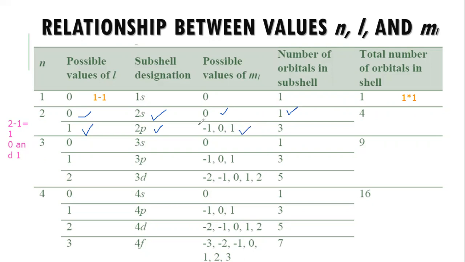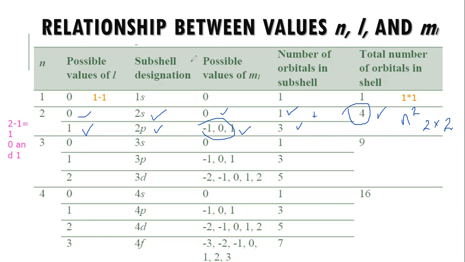So you have 3 here. Therefore 1 plus 3 gives 4. The total number of orbitals is n squared, 2 into 2, which is 4. And next go for 3.